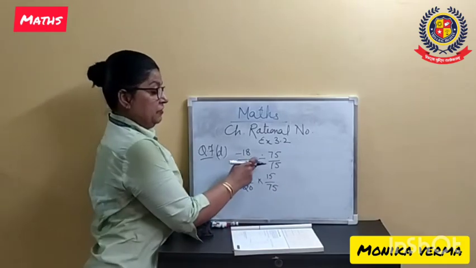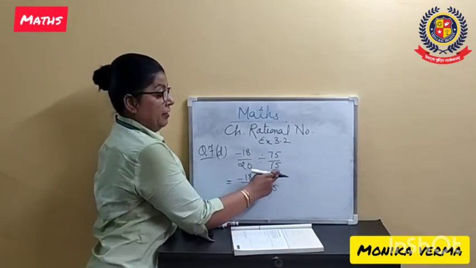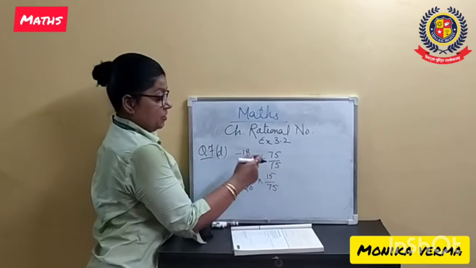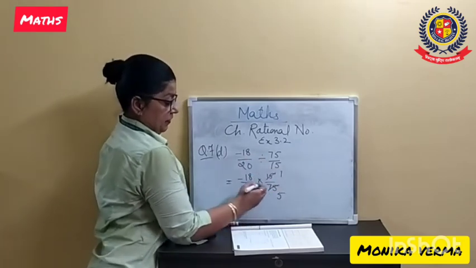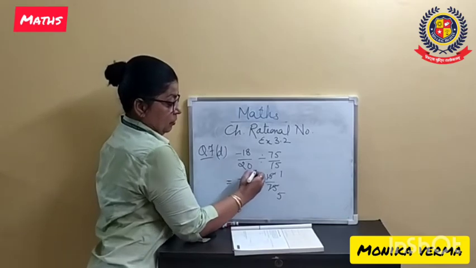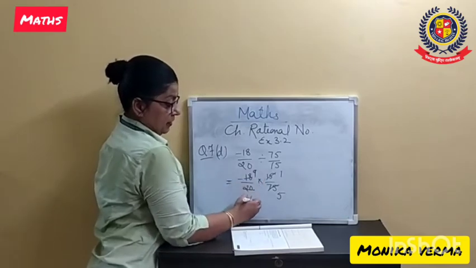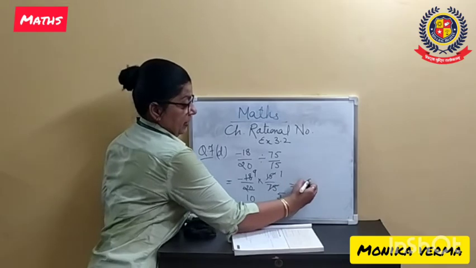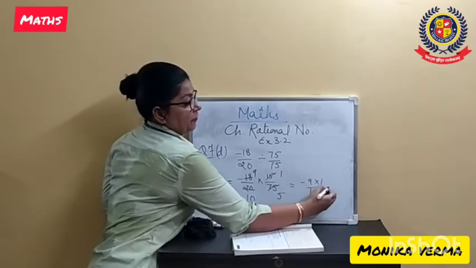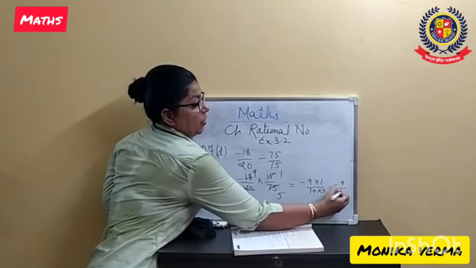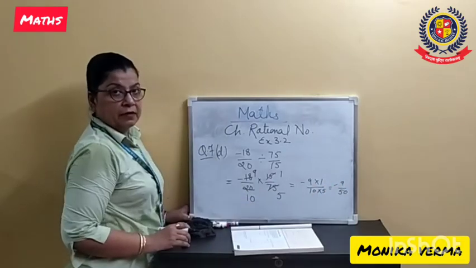Again we have changed division into multiplication and the number after that into its reciprocal. 15 ones are 15, 15 fives are 75. 2 nines are 18, 2 tens are 20. So we got minus 9 into 1, 10 into 5. We got minus 9 upon 50.